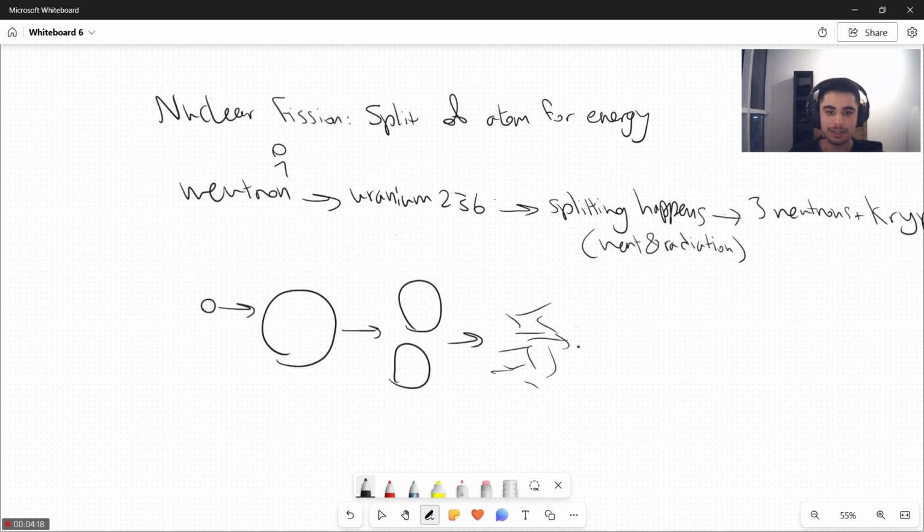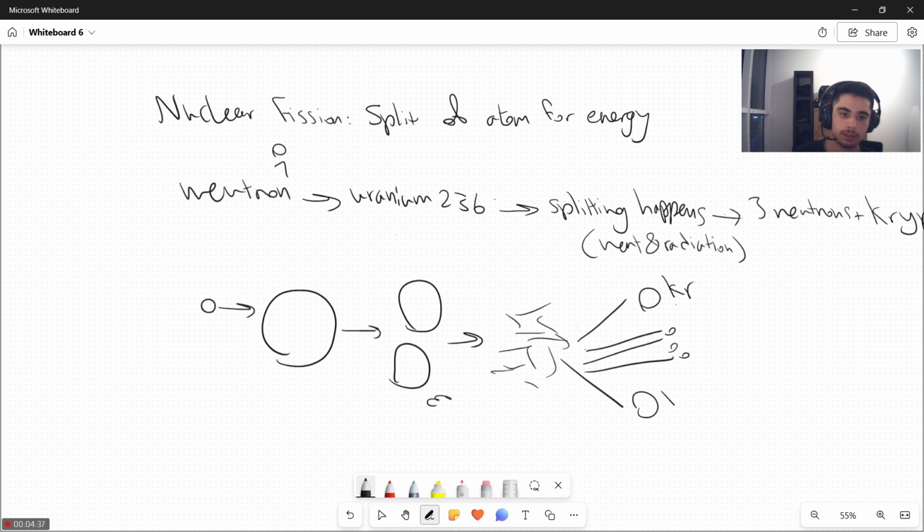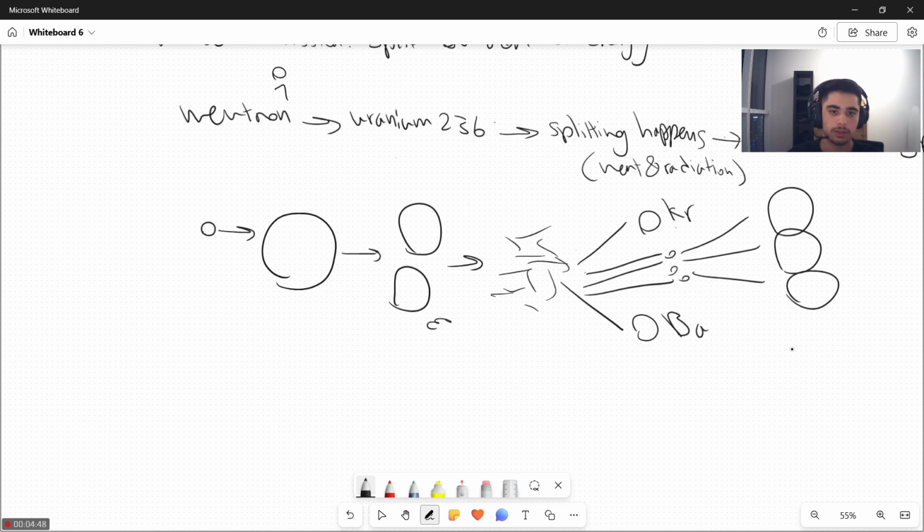That's energy, and then this energy is accompanied with 2 daughter nuclei, which is basically these that I drew, plus 3 neutrons. So 1, 2, 3, and that's Kr, that's Ba, and these go on to hit bigger uraniums, and the chain just keeps on going.